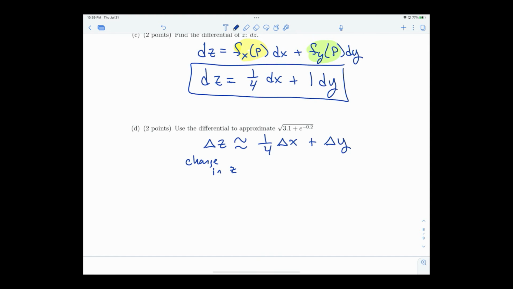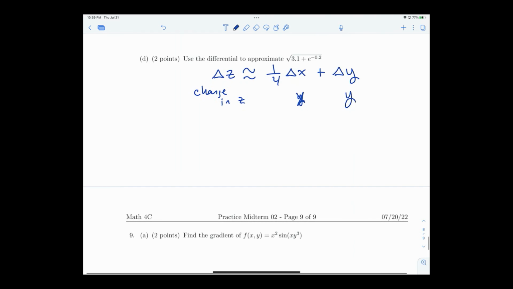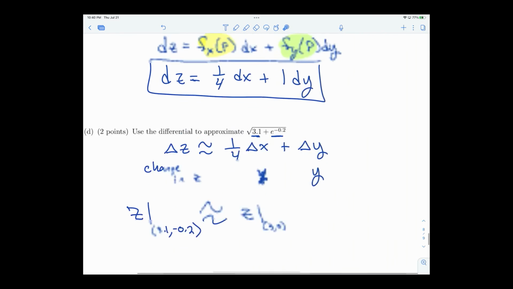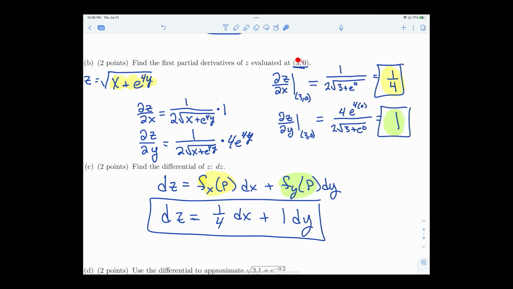So the z value evaluated at the point (3.1, -0.2) is approximately equal to the z value at (3, 0), because this point is close to (3, 0), and (3, 0) was where we've been calculating all these things.